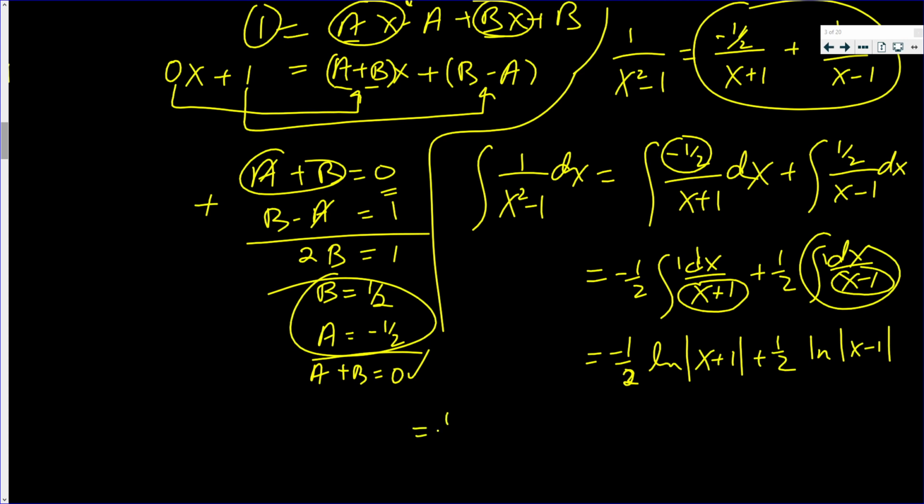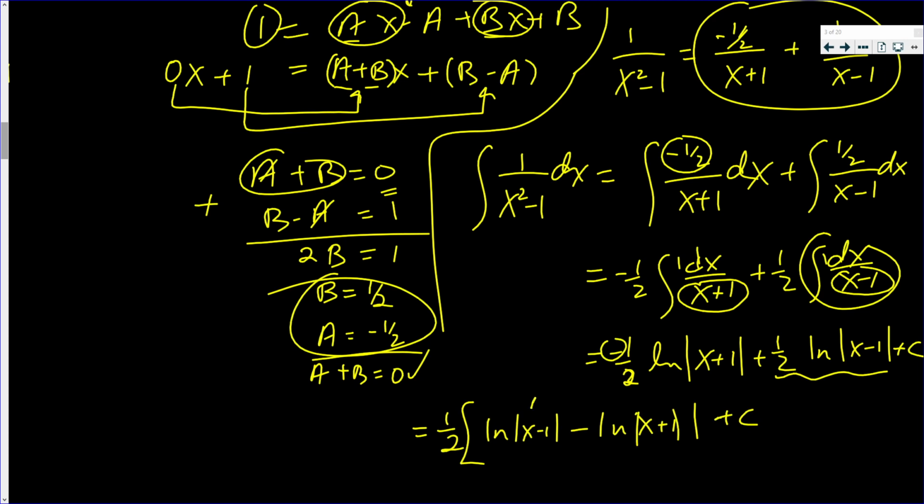Now, if I factor out the half, I'll have ln of x minus 1 minus ln of x plus 1, plus c.